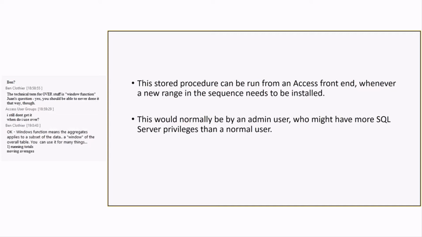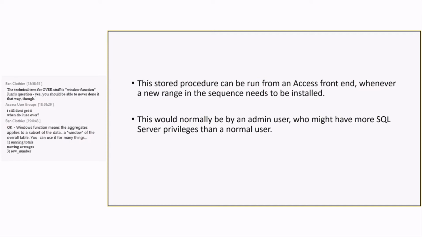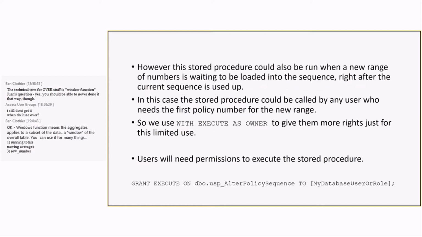This would normally be by an admin user who might have more SQL Server privileges than a normal user. However, this stored procedure could also be run when a new range of numbers is waiting to be loaded into the sequence, right after the current sequence is used up. In this case, the stored procedure could be called by any user.